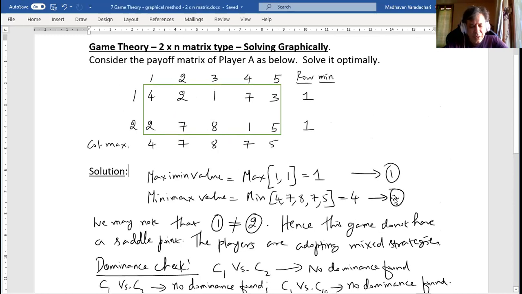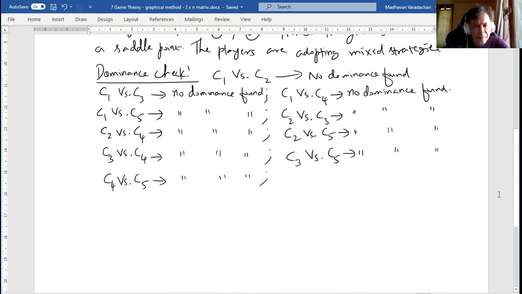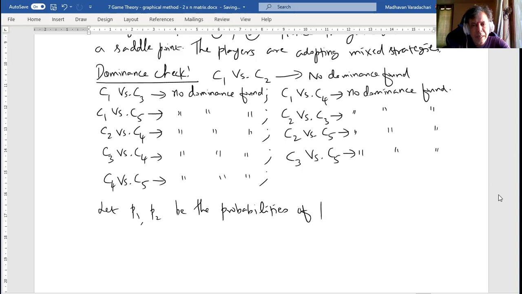Now we will start using the graphical method. So first, let P1, P2 be the probabilities of player A adopting his strategies 1 and 2 respectively.